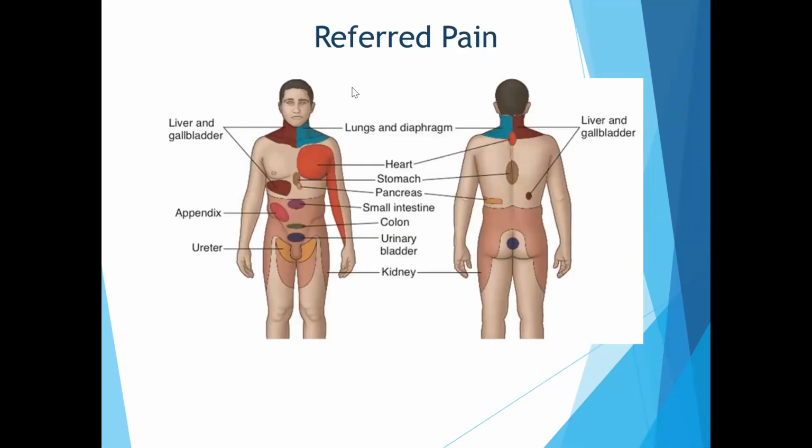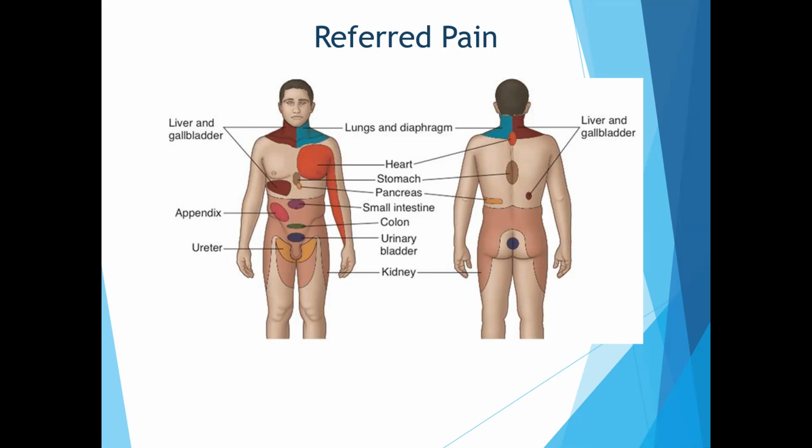Okay, referred pain. This is more of a concept than anything. So remember we talked about the slow pain fibers being our deep type of pain. So this type of pain is going to travel over our slow pain fibers.